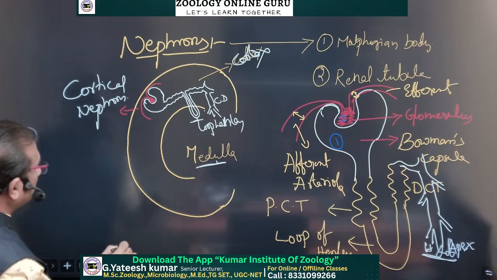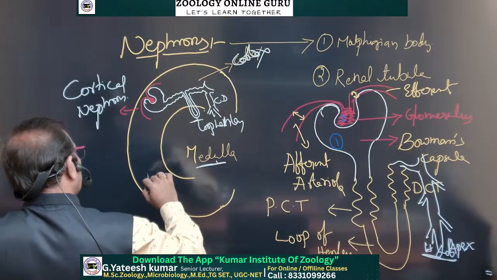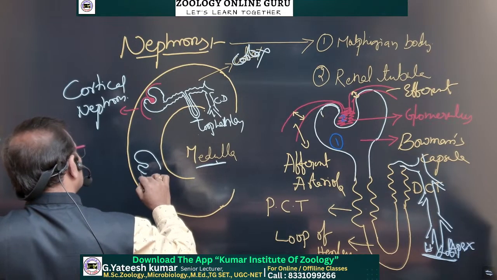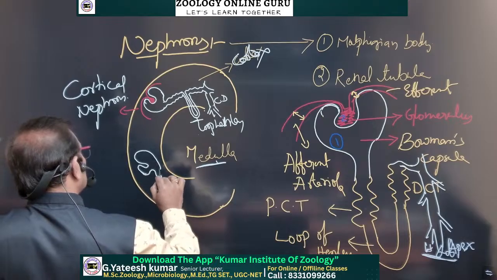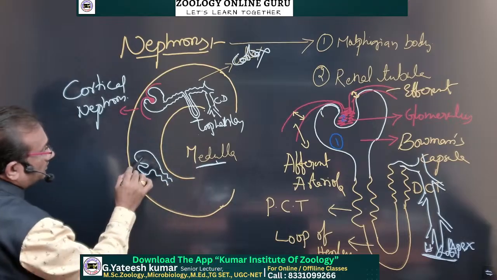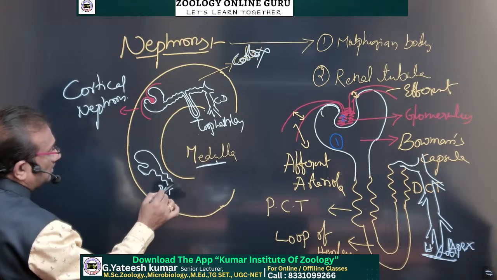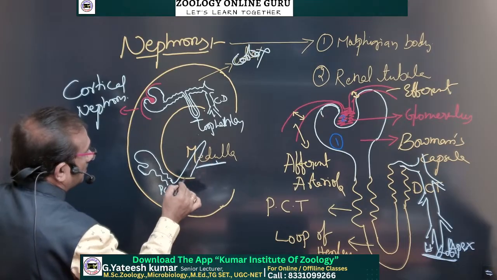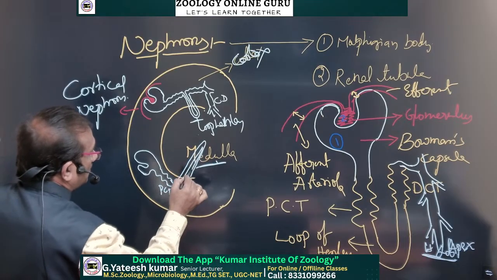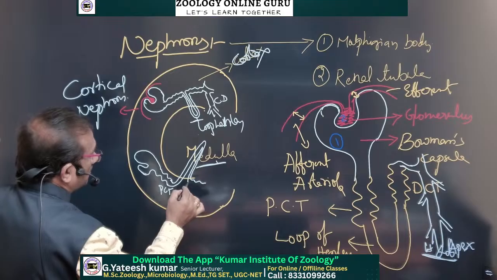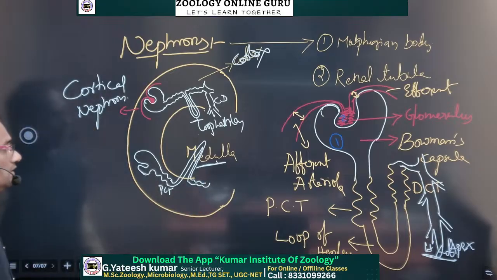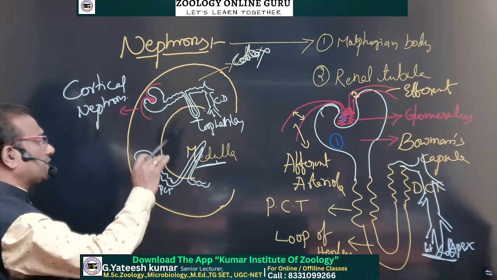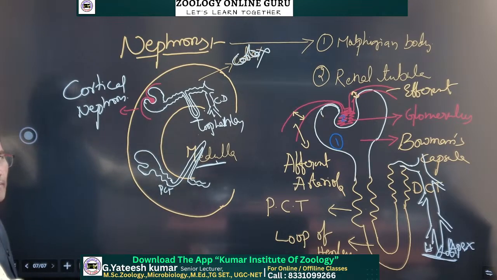Okay, and some of the nephrons are like this: Bowman's capsule, PCT, and then like this. Means the Henle's loops are deep inside the medulla.